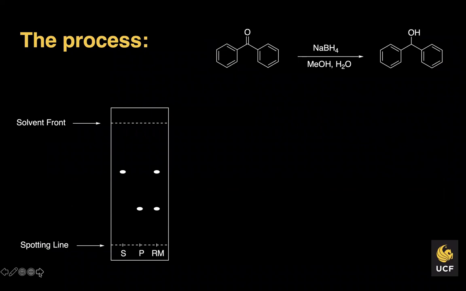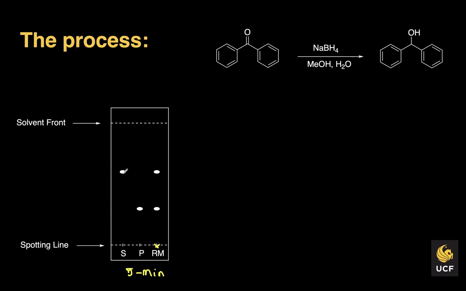All right. So now, while the reaction was taking place, we said that we took a small amount, diluted it, and spotted it on the TLC plate. So suppose only 5 minutes of the reaction has elapsed, and you took a small amount, spotted it on the TLC plate, placed it in the development chamber, and allowed it to develop.